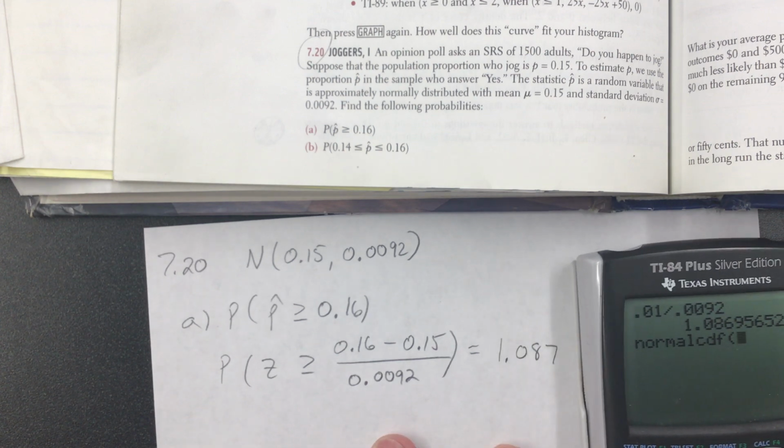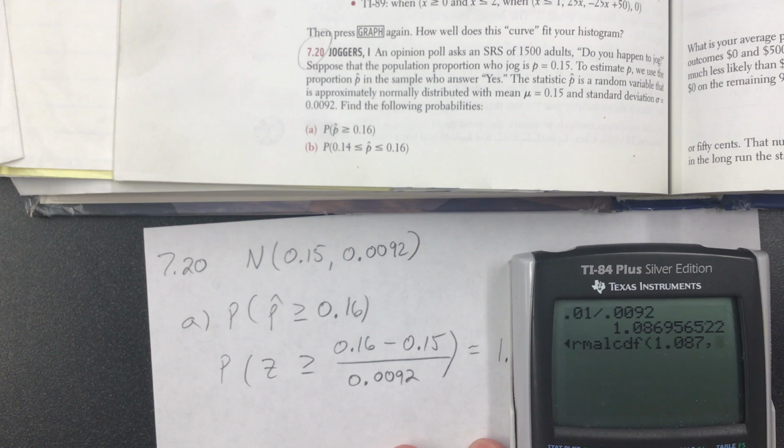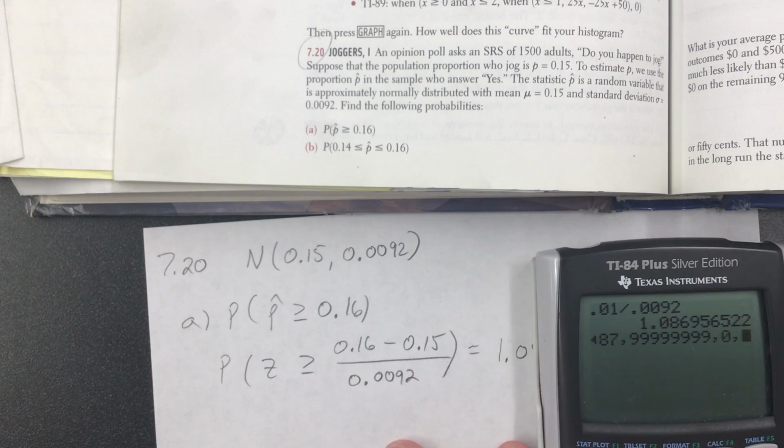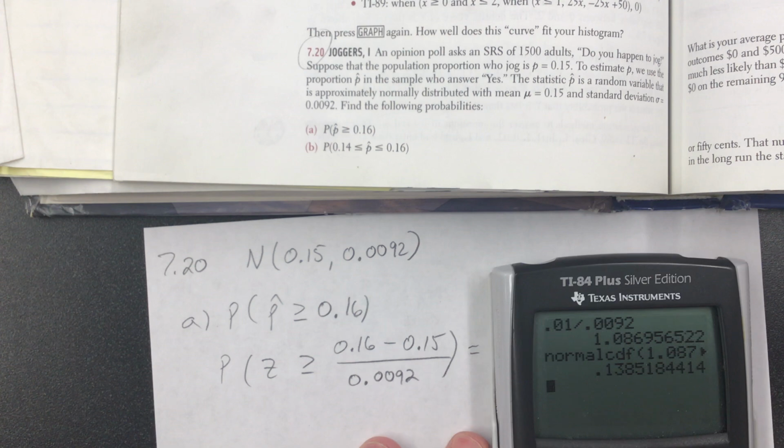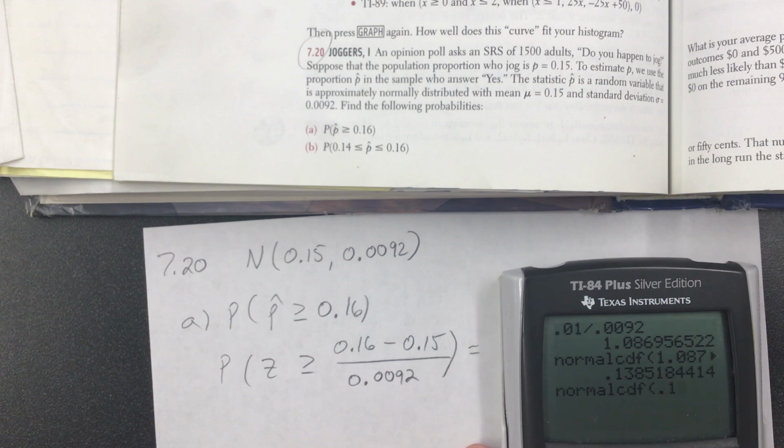So z-score. Upper bound is infinity, mean 0, standard deviation 1. Now that's going to get me the same answer as if I put in a lower bound of 0.16 and upper bound of infinity, a mean of 0.15, and a standard deviation of 0.0092.